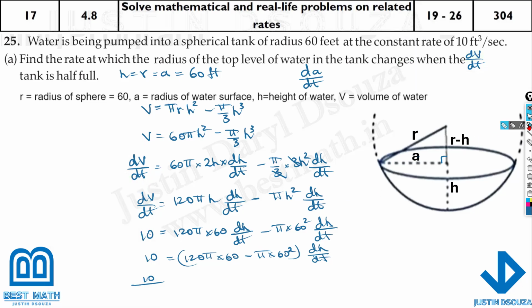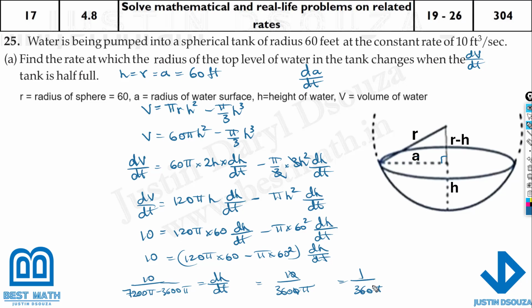So 7,200 pi minus 3,600 pi is equal to dh by dt. What happens here? 7,200 minus 3,600 is 10 divided by 3,600 pi. So we'll cancel one of this 0. You will get 1 divided by 360 pi.